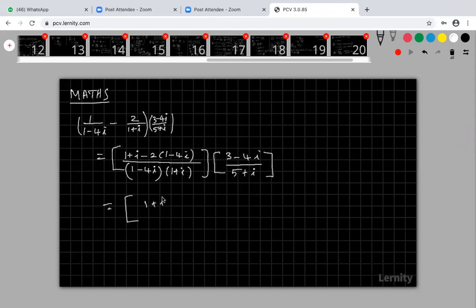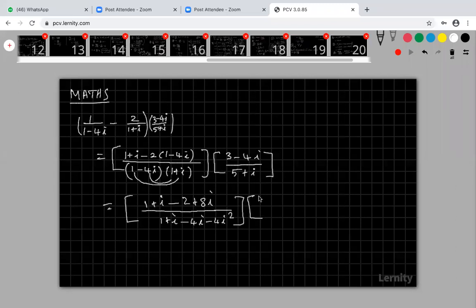This is 1 plus i minus 2 plus 8i, I'm just multiplying. Here you multiply 1 into 1 plus i, and then multiply by minus 4i. So minus 4i into 1 minus 4i, minus 4i into i, that is minus 4i square.